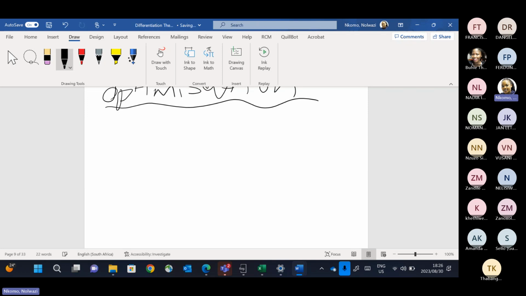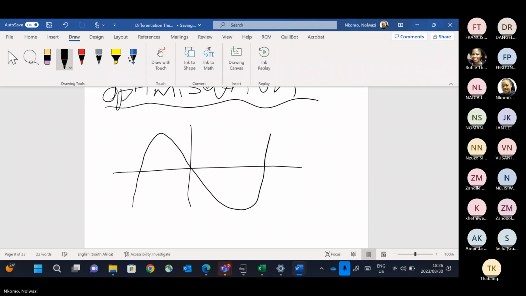Okay. Suppose you are given a curve. Let's say we are given this curve, this function represented by this curve. Now the stationary points are just the points whereby the curve is changing from negative to positive or from positive to negative.